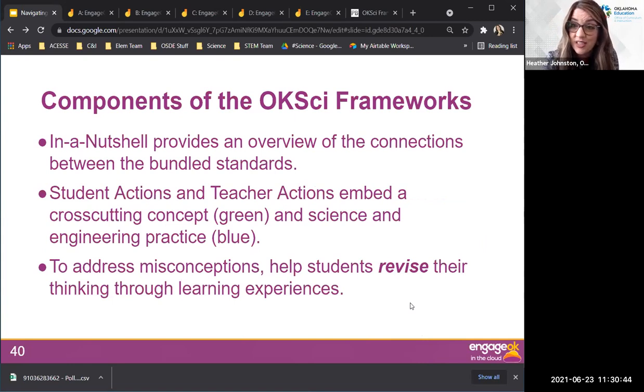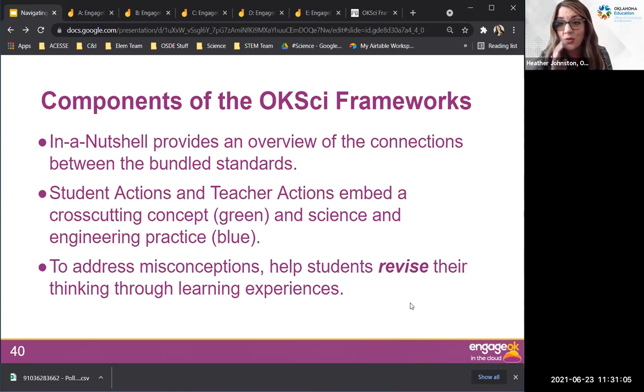We do have new teacher actions and updated student actions within the bundle analyses that are in there. And they are color coded to match the science and engineering practices and cross-cutting concepts for the standards in that bundle.